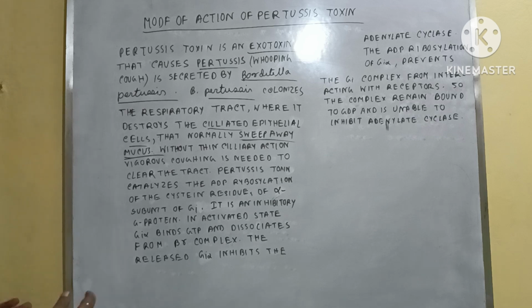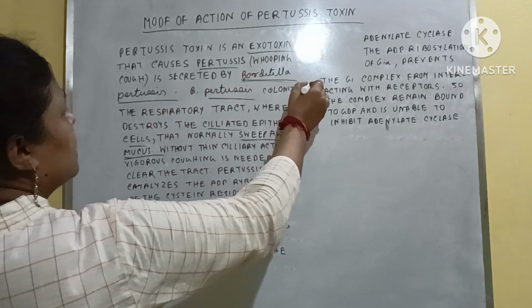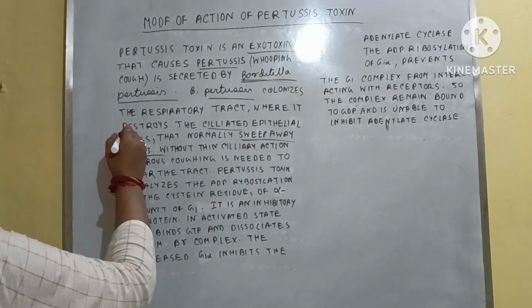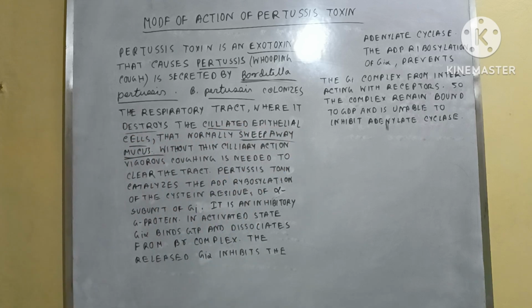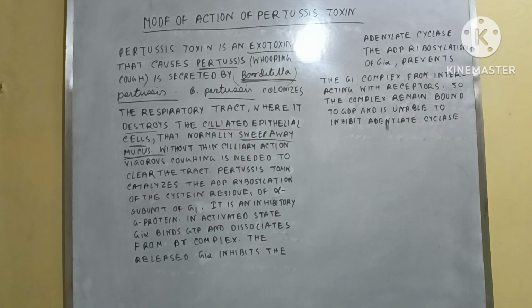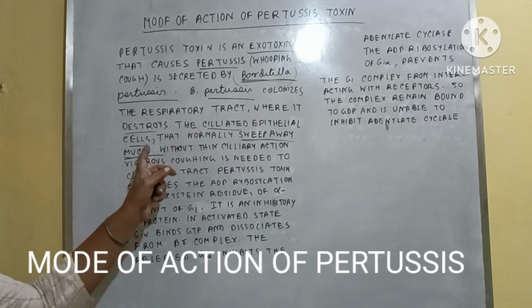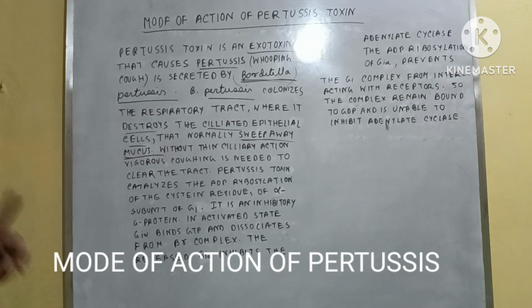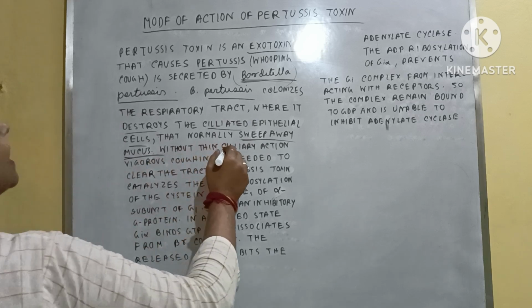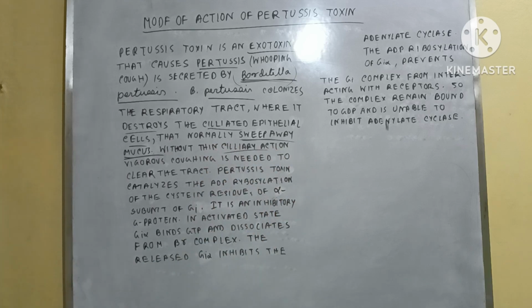Due to the infection of the Bordetella, what happens? They destroy the ciliated epithelial cells. When the respiratory tract is infected by the Bordetella, the ciliated epithelial cells are all destroyed within the tract. And so what happens? This ciliary action is stopped.